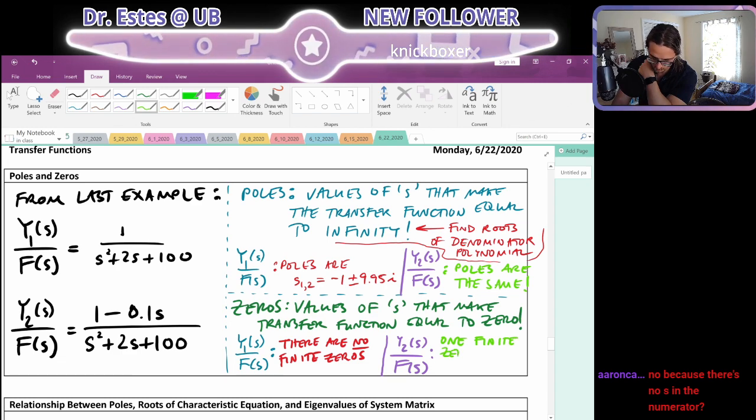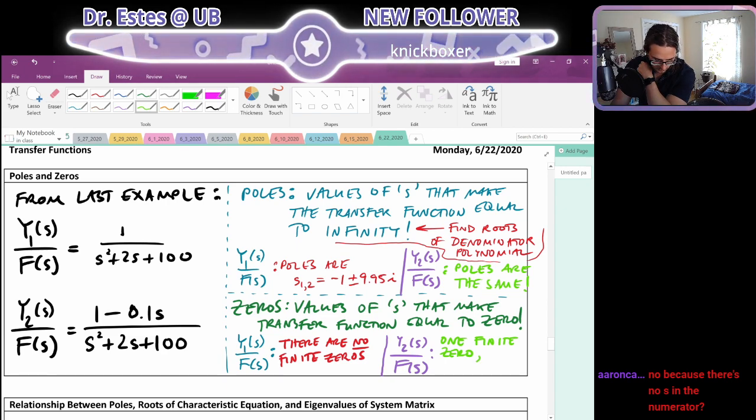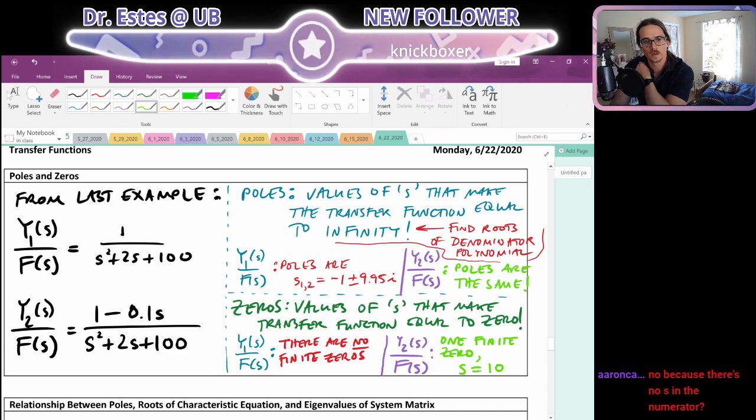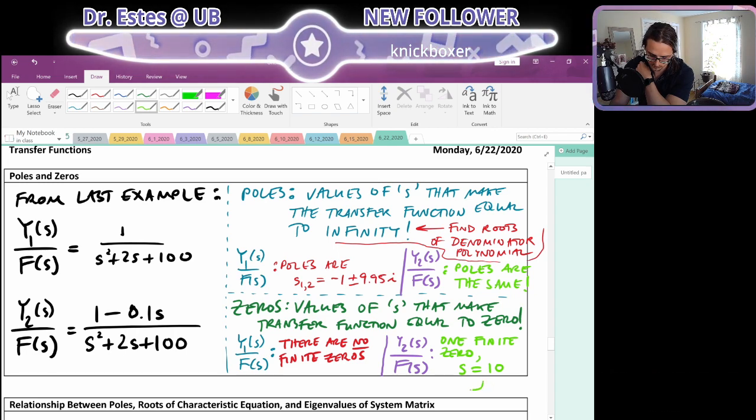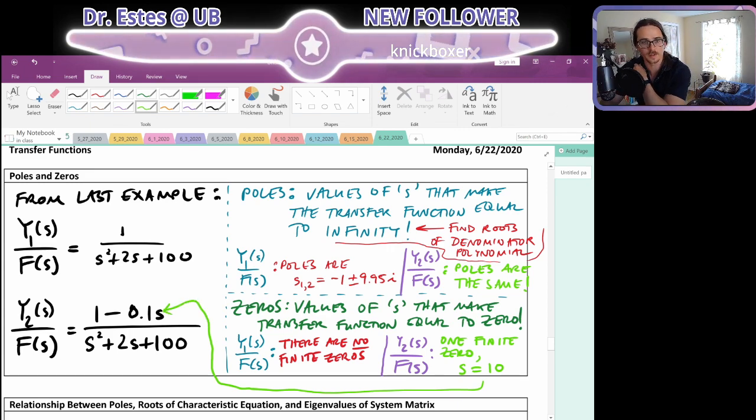There is one finite way to do this. If I set s equal to 10, and you plug that in there, I'm going to have 1 minus 1, and it's going to be 0. And the whole thing goes to 0.